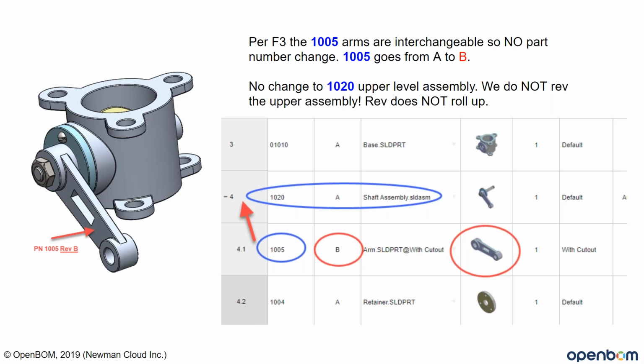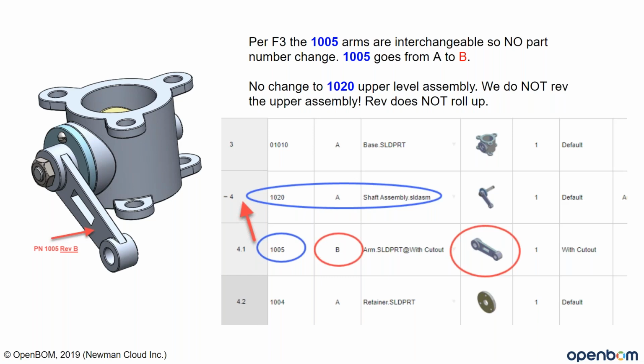And we all agree that that's certainly a revision. So we roll the rev to Rev B, 1005. We either through automation or manually update our bill of material. And we can see there that we've gone to Rev B for the part. You can see the image is different for the part.